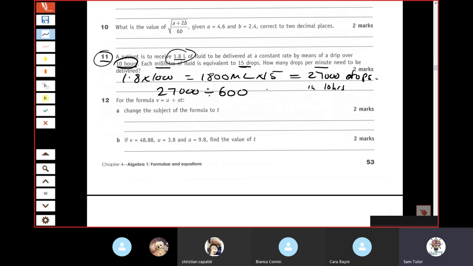Oh no, 600 was right. Yeah, 45 on the dot. 45 drops per minute, sorry.